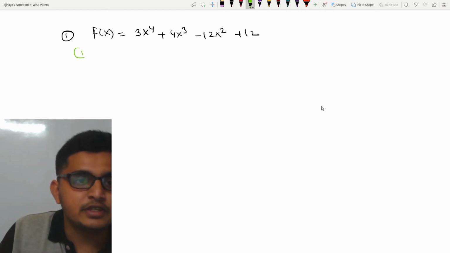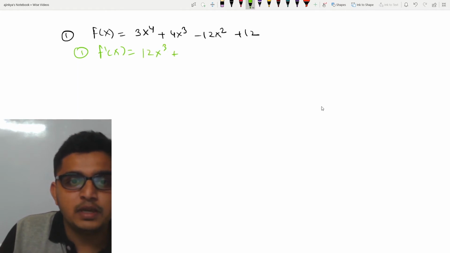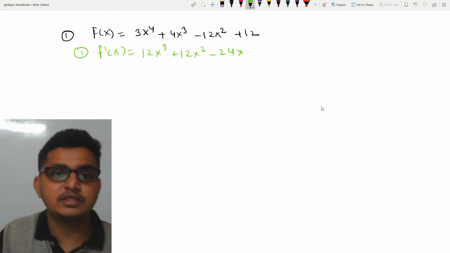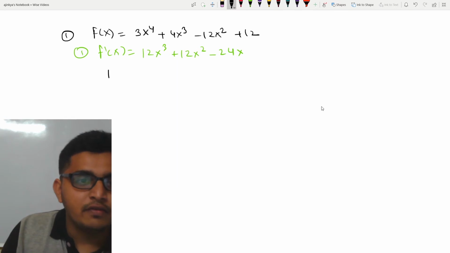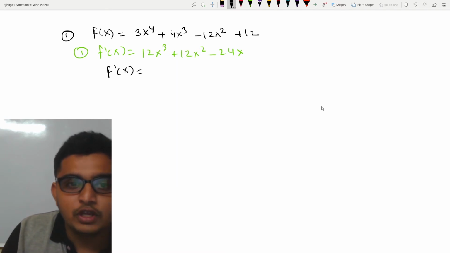Our first step is going to be very simple. f dash of x we are going to find out, which is going to be 12x cube plus 12x square minus 24x plus 0. Okay, so we need not write that. Now what do we say? We have to equate it to 0 in order to find the turning points.